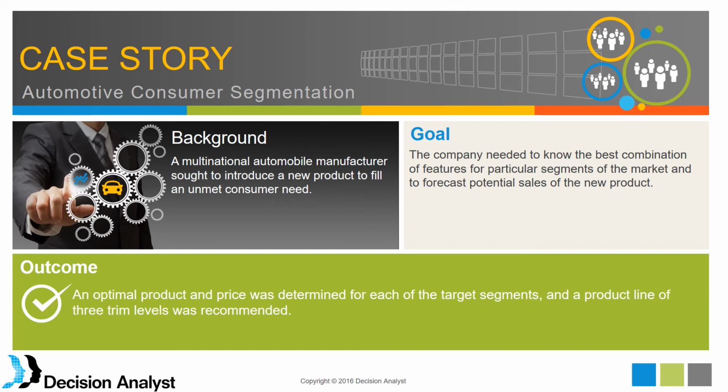They needed to relaunch a category that had not seen much innovation or growth in recent years in the U.S. and Western Europe. So specifically, our client needed to prioritize important product features, understand who the product would appeal to, and determine what they could expect in terms of sales volume.